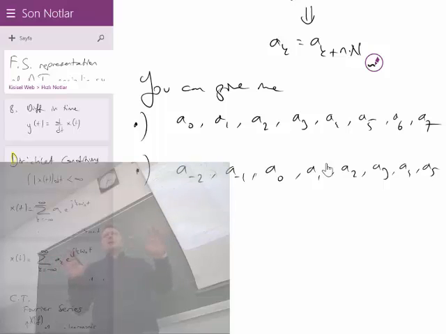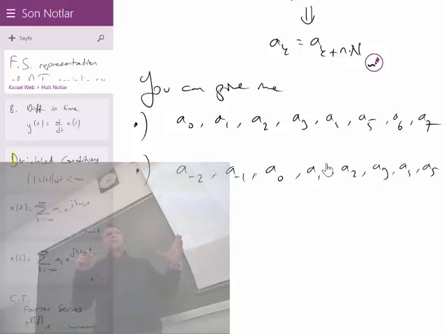It doesn't matter which you are giving me, because as you see, this a minus 2 is the same as a6. It's 8 periodic anyway, so you can tell me like that.